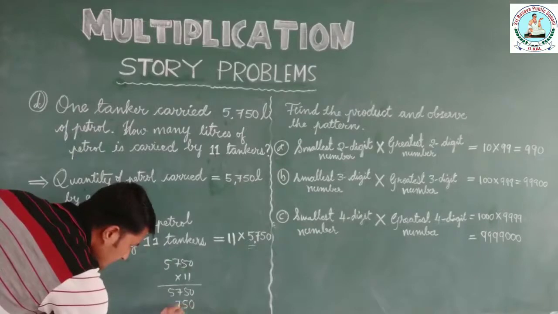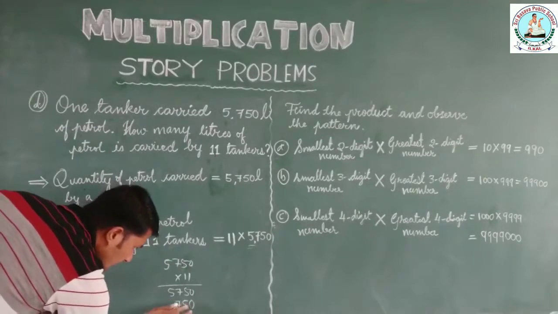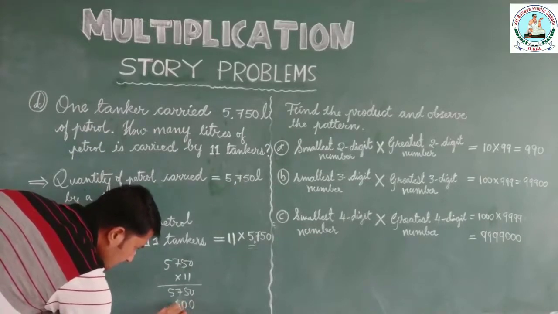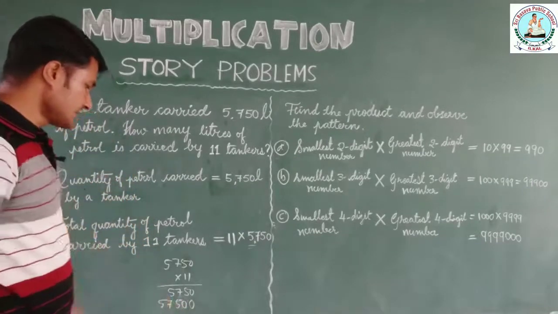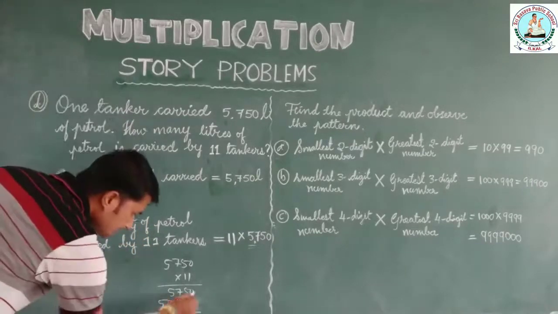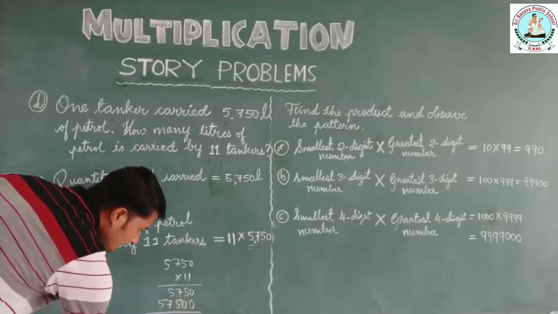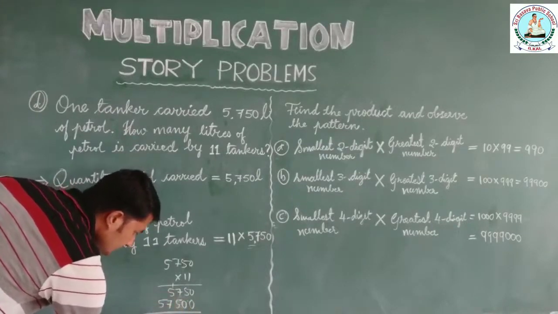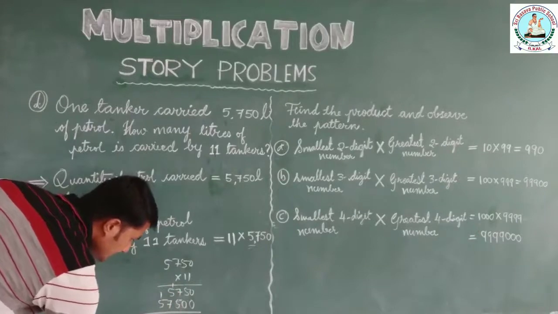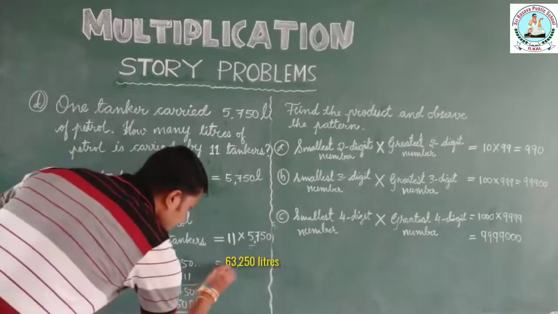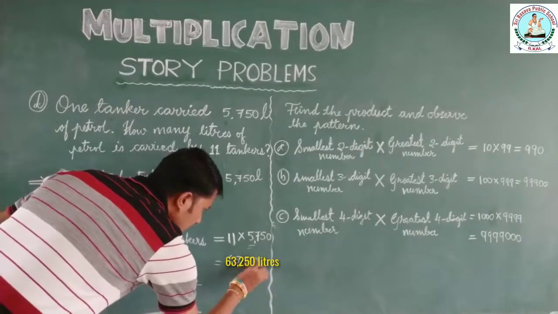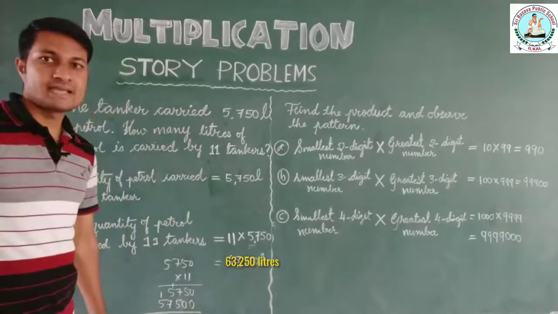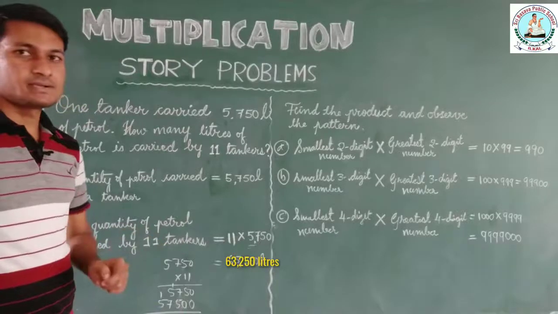So 0, 5, 7, 5. 5, 7, 5, 0, right? So let us add them. 0, 5, 12, then 15, then 6. So 65,250 liters of petrol are carried by 11 tankers.